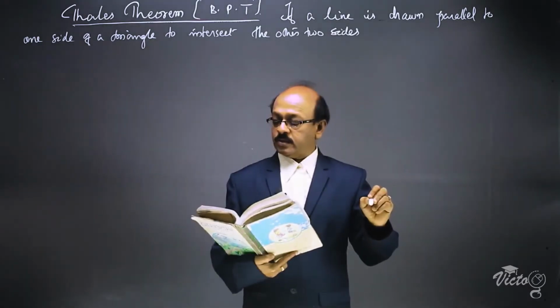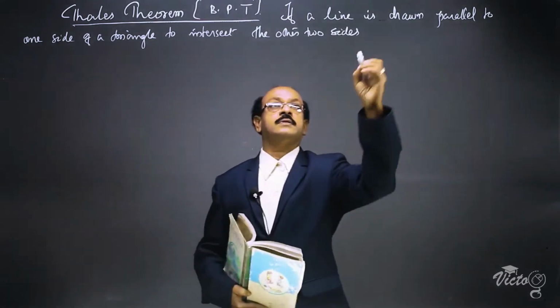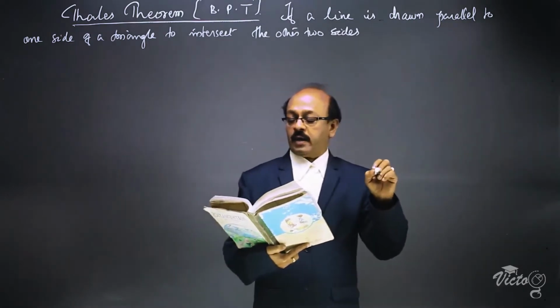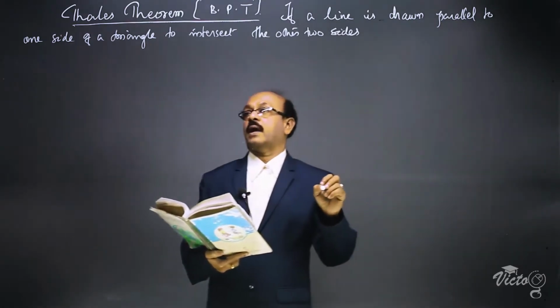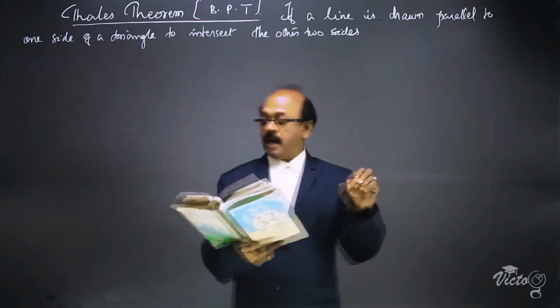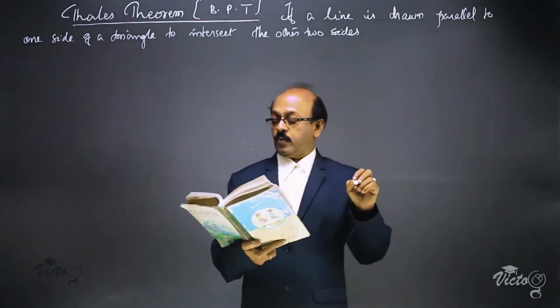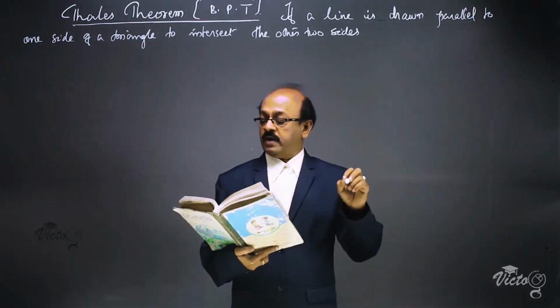If a line is drawn parallel to one side of a triangle to intersect the other two sides in two distinct points, the other two sides are divided in the same ratio.